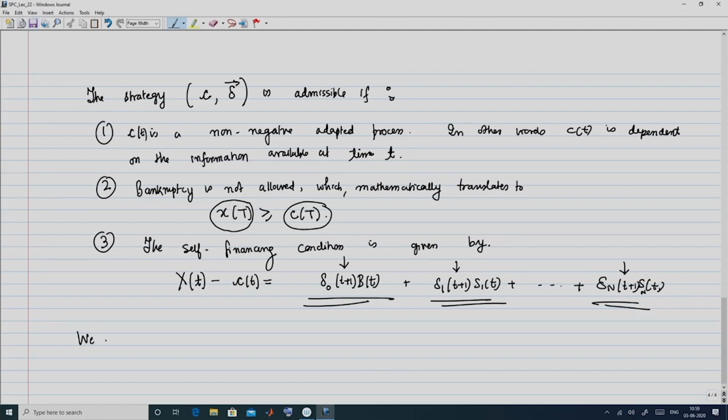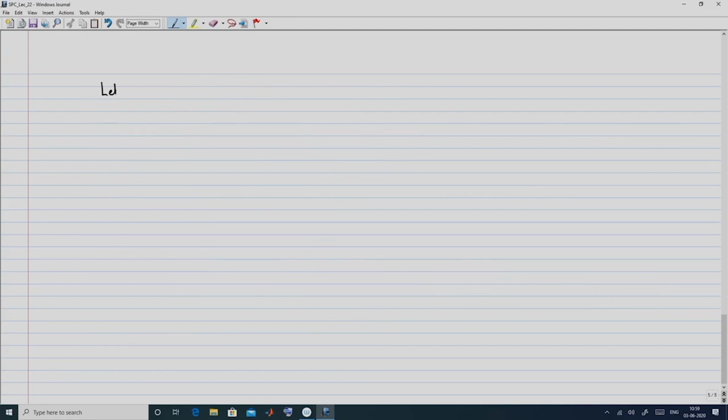Okay, so now what we do is that we now elaborate on consumption choices. So, accordingly, let x denote a consumption choice, and x could be a different alternative investment that you have, or different consumption alternatives that you have.